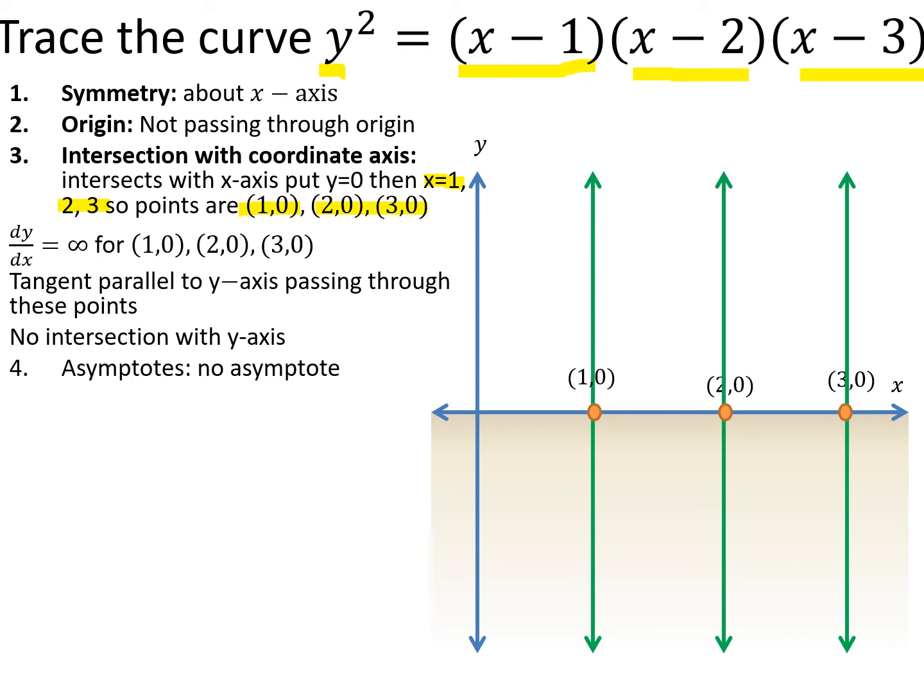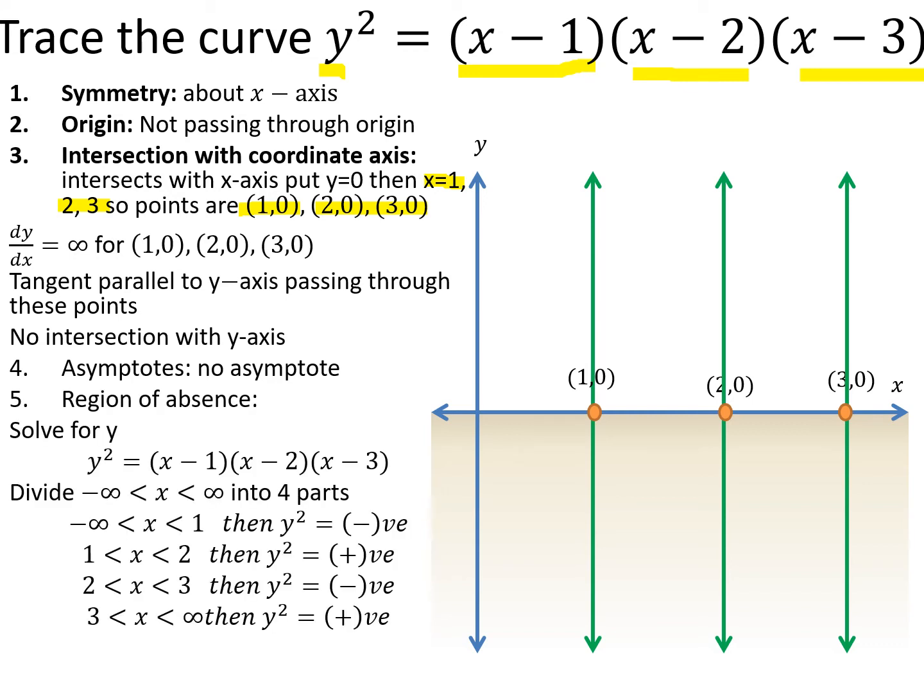Okay, now come to the next point, which is region of absence. This equation is already solved for y square, so we will take it like this only: y square is equal to (x minus 1)(x minus 2)(x minus 3).